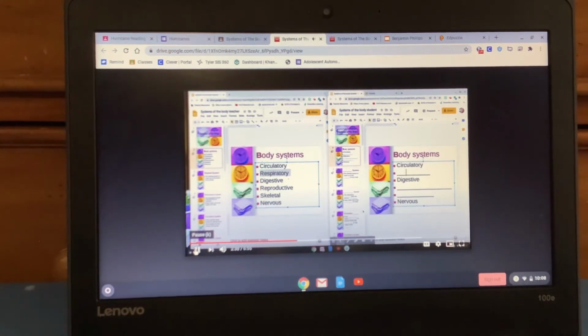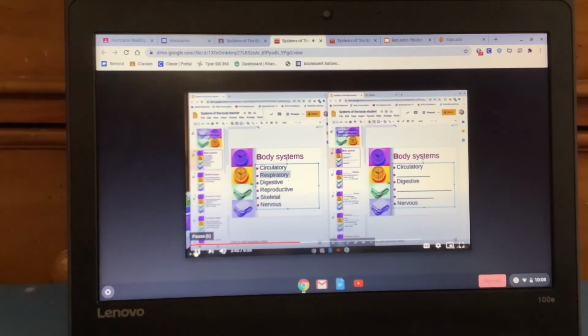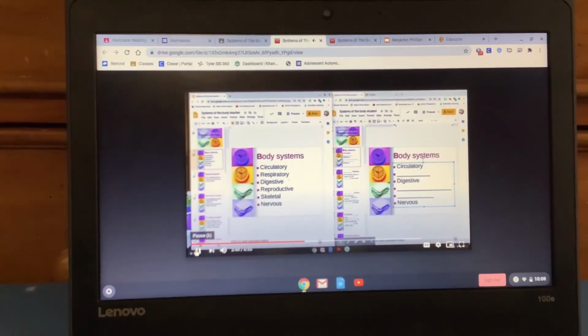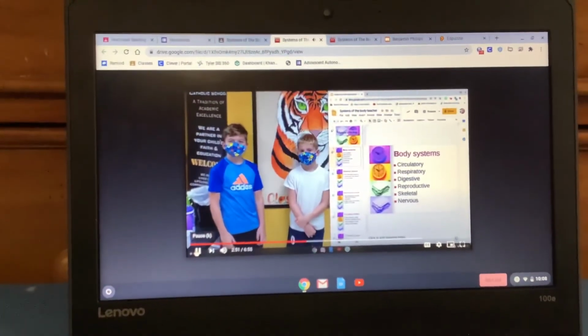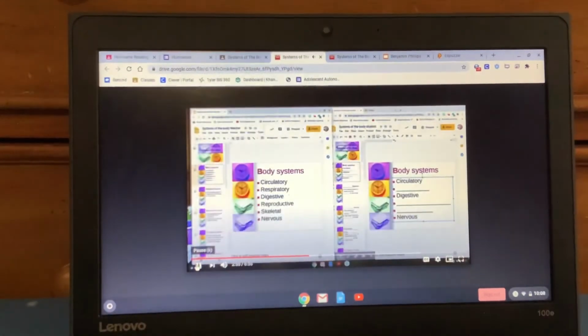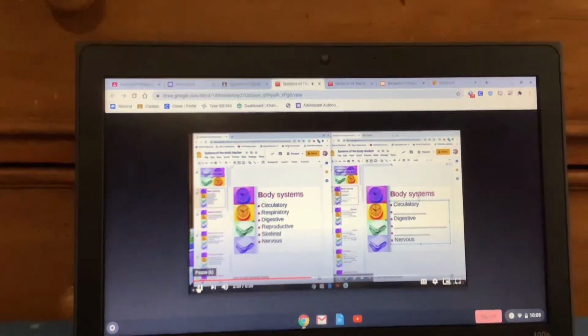So as long as you remember to push Alt and the bracket button, that moves those apart, and that's how you split your screen. Okay, so I'm doing Alt bracket. Make sure you split your screen.